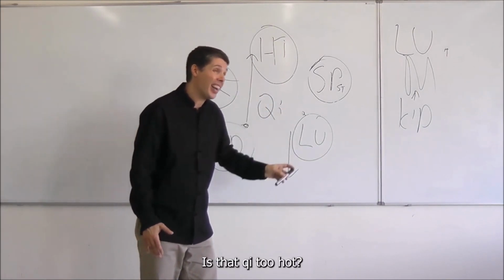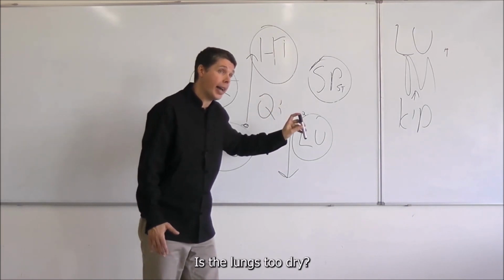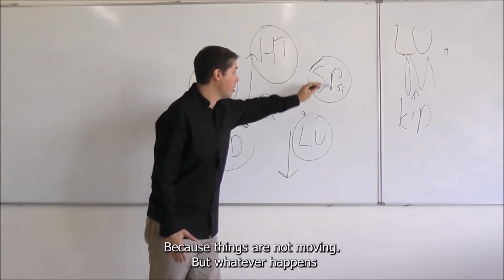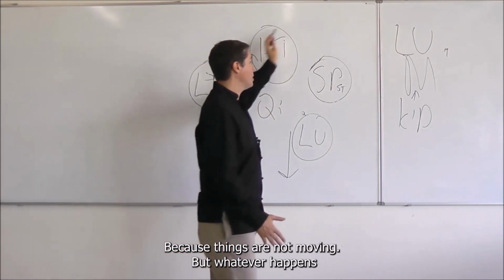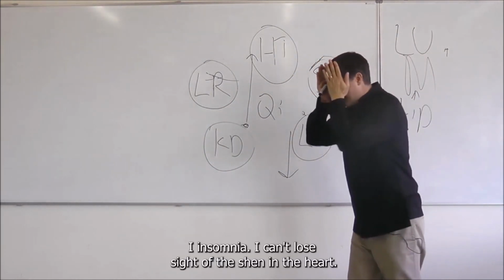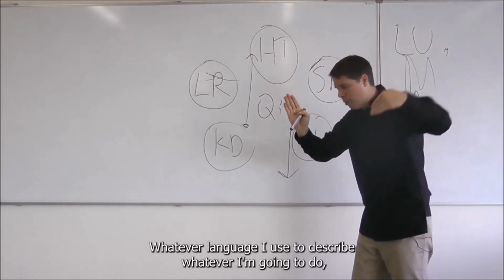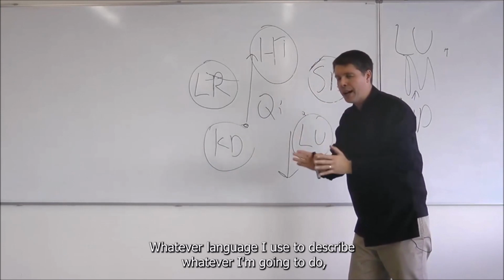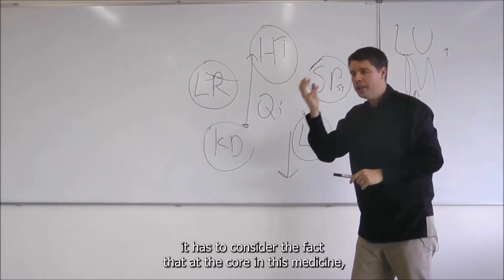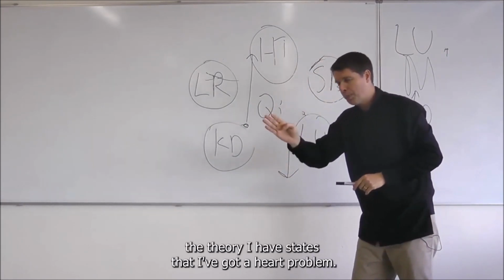Is the qi too hot? Is the lungs too dry? Is it too damp somewhere else because things are not moving? But whatever happens in our patterns of flow, we know that we need to think, okay, insomnia, I can't lose sight of the shen in the heart. Whatever language I use to describe, whatever I'm going to do, it has to consider the fact that at the core, in this medicine, the theory I have states that I've got a heart problem.